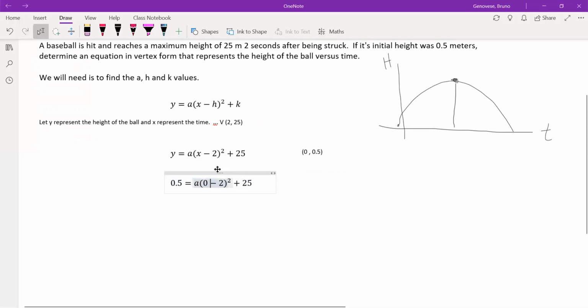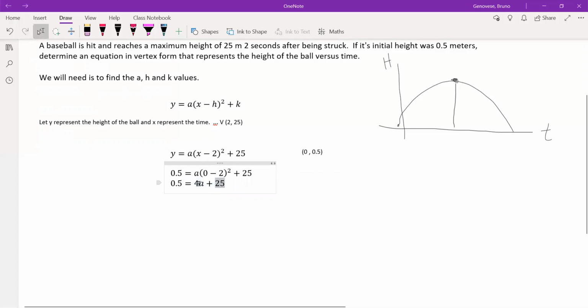So all we're going to do now is simply solve for a. We take this equation and manipulate it. The portion in the bracket here, 0 take away 2 is negative 2, and when we square that we get 4. So that whole expression turns into 4a.